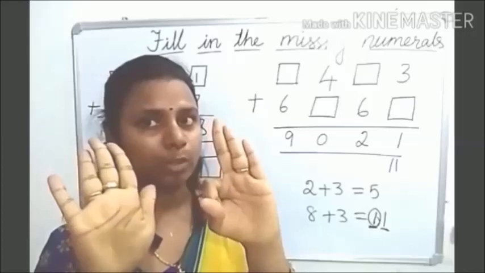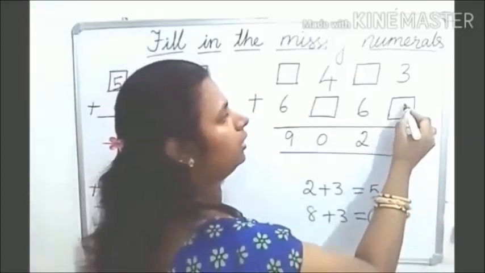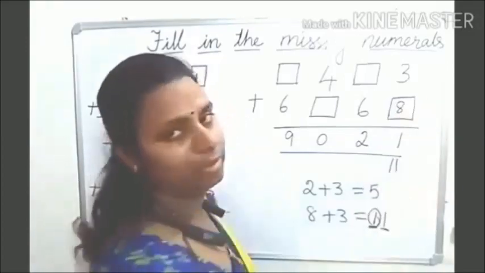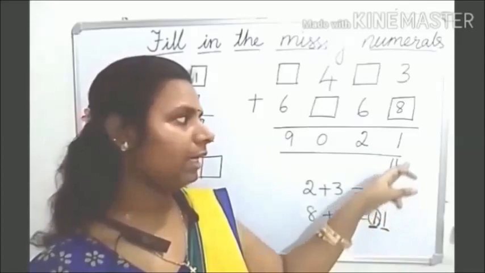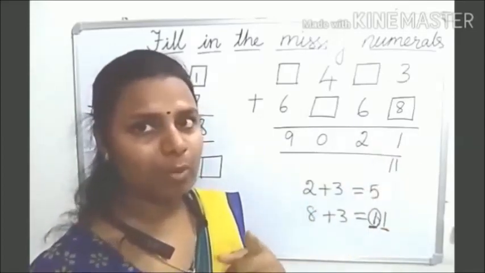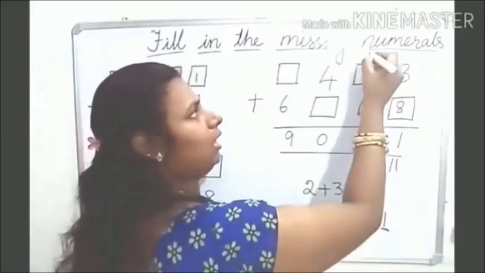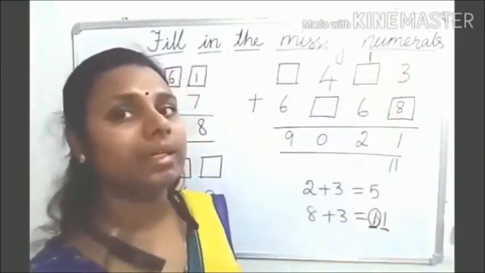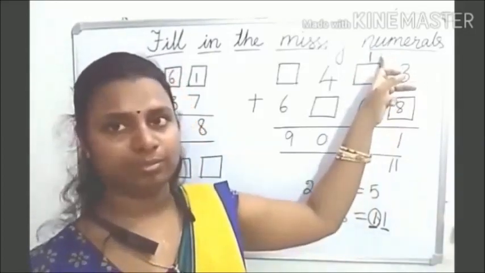So, how many numbers should be added? 8 should be added with this. 3 plus 8 is 11. Instead of 11, they have written 1. Okay. But the other one is carry, isn't it? We have to write that carry, otherwise we will forget it. So, let us write that carry. So, I have written carry over here.